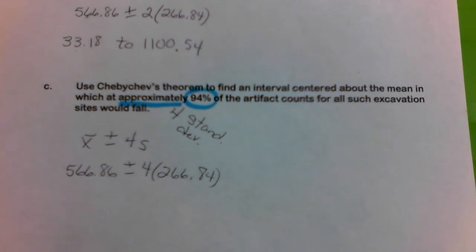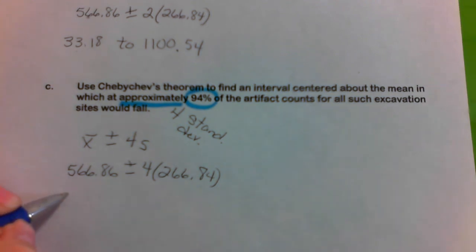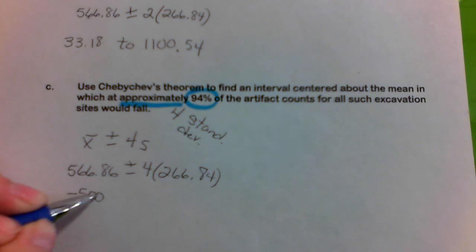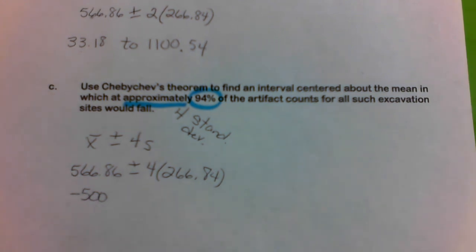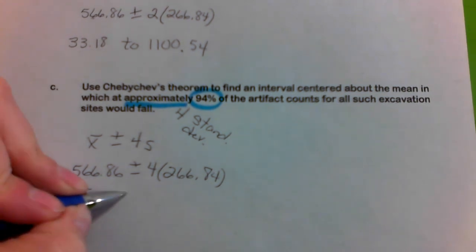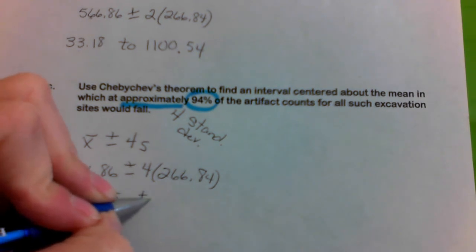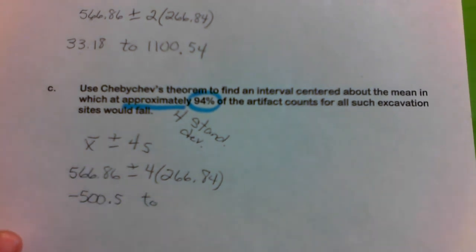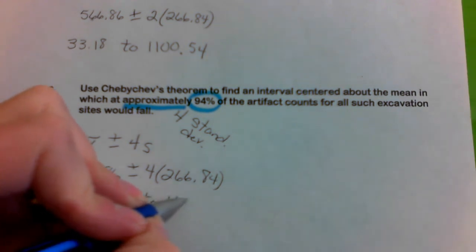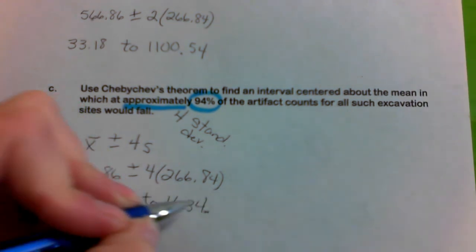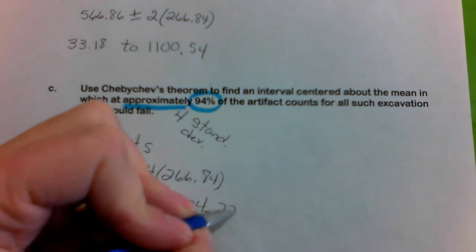So when you go to your calculator, you'll do 566.86 minus 4 times 266.84, and you get, and yes, it seems odd, but you get negative 500.5. Now you're going to take 566.86 plus 4 times 266.84, and that's going to give you 1,634.22 artifacts.